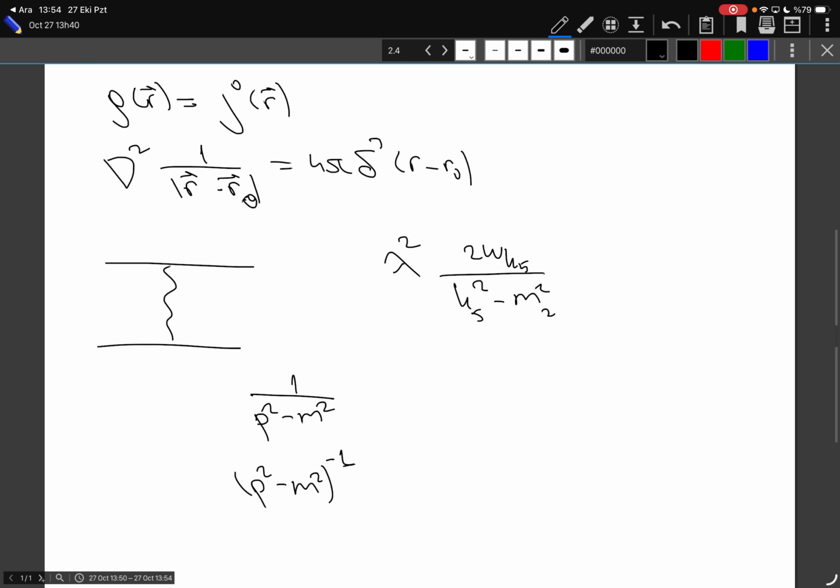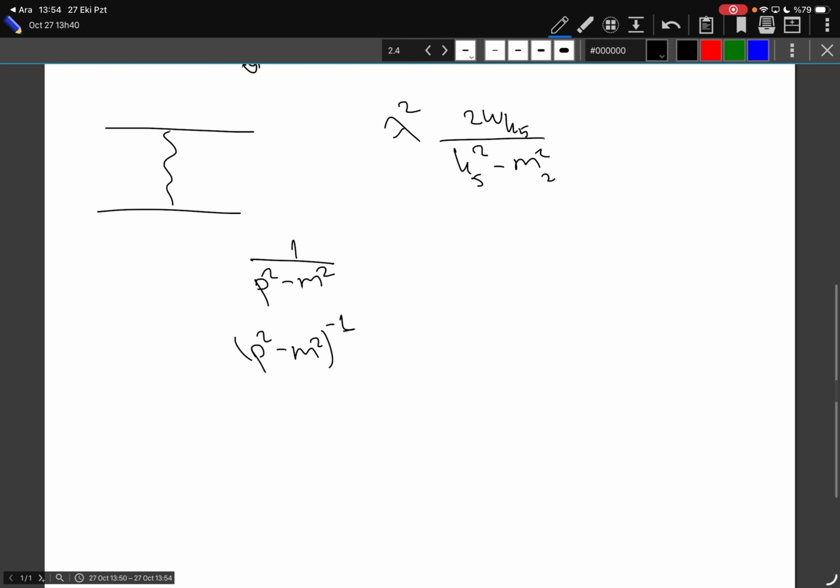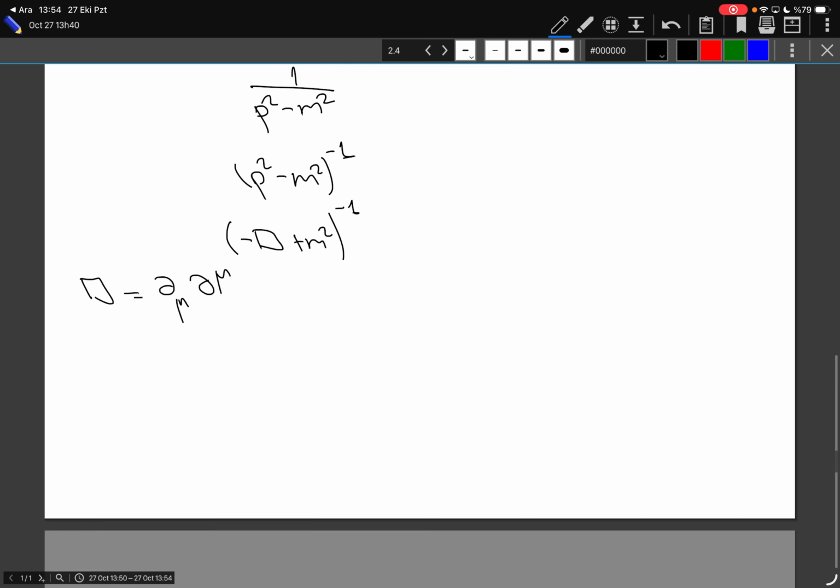If I would write this in the coordinate space, this would be where this operator is del mu, inverse. What is the inverse of an operator?